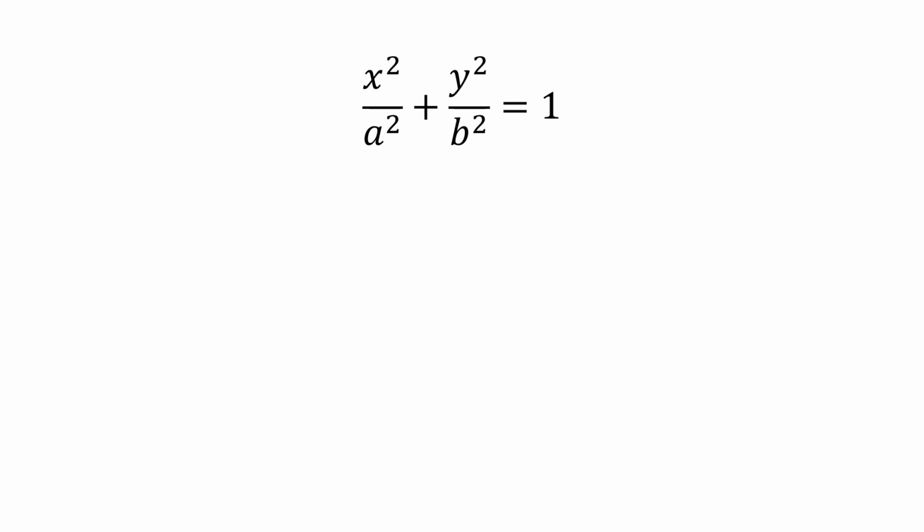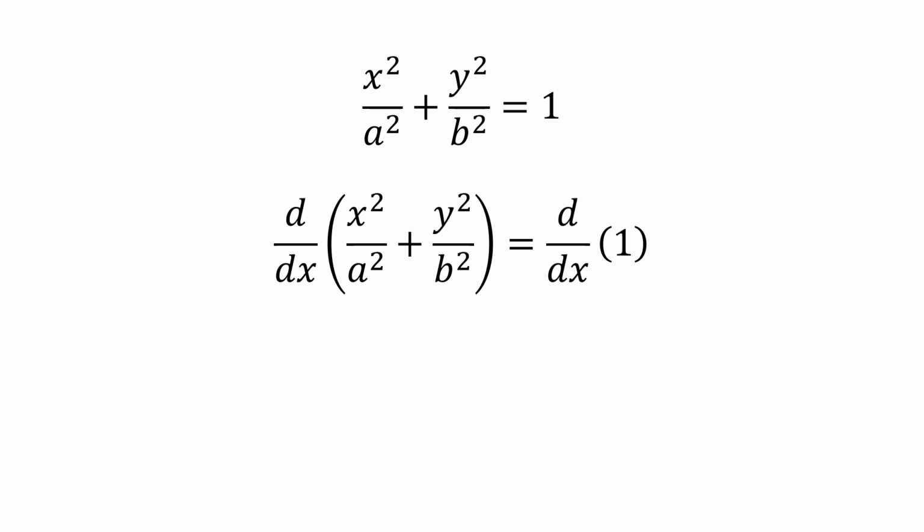To implicitly differentiate this function, we begin by taking the derivative of both sides, which gives d by dx of x squared over a squared plus y squared over b squared equals d by dx of 1.